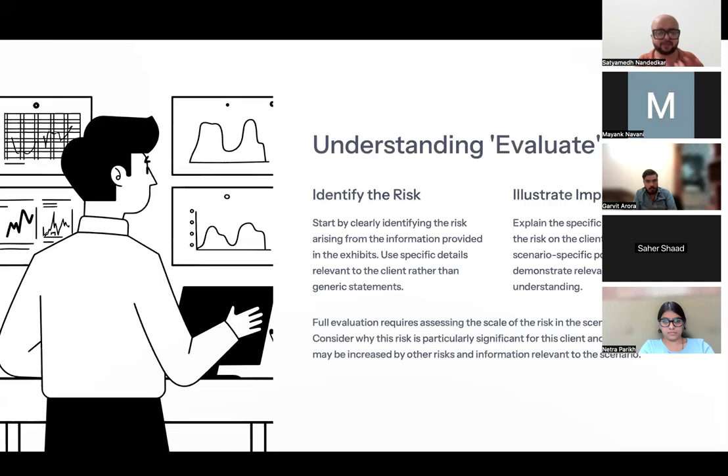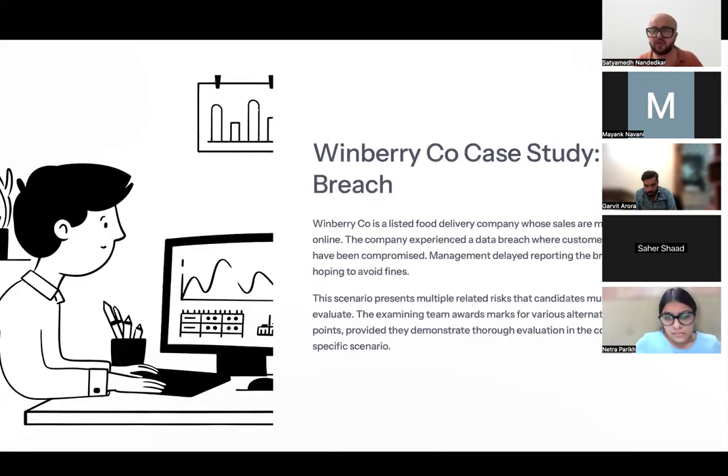Okay. And when the question says evaluate, you will have to specifically point out the impact of that risk. If my license is taken away, my business will shut down. If I have over reliance on a single vendor and the single vendor shuts down or he increases the rates, my production cost will be affected.